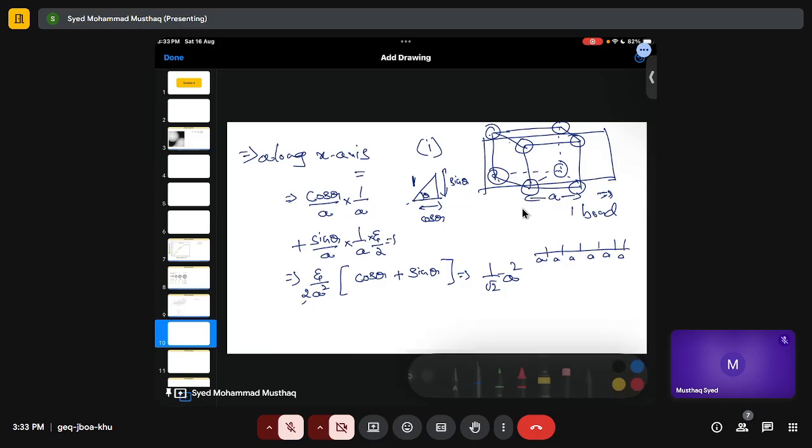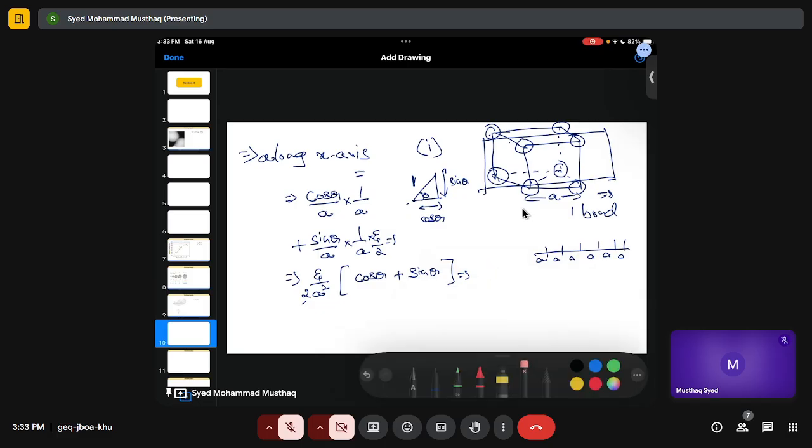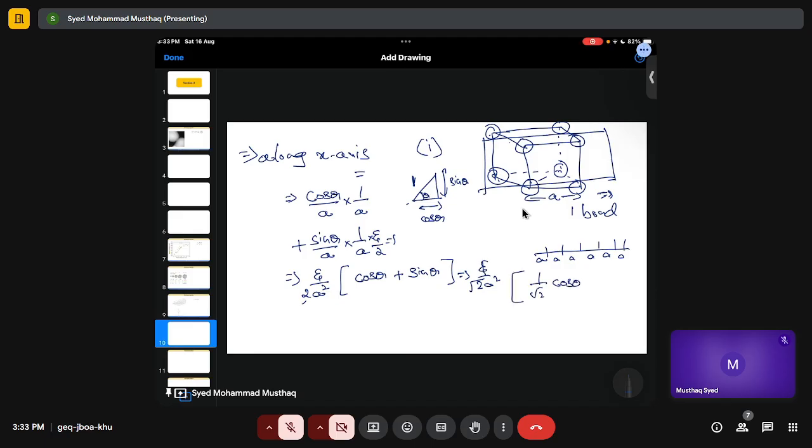So let's take it separately. Then it will be 1 by root 2 times this guy, and the 1 by root 2 comes here, cos theta plus sin theta. So we know 1 by root 2 is cos 45 cos theta plus sin 45 sin theta.